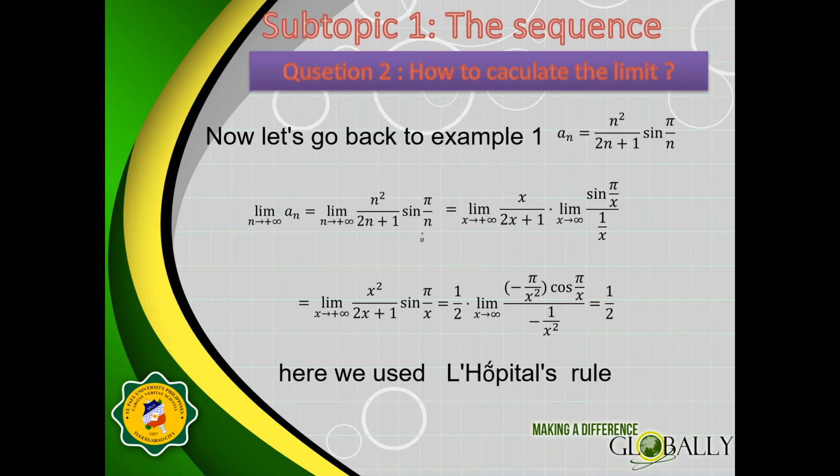In the last step, we applied L'Hopital's rule, which is to take the derivative of the numerator and the denominator, and then take the limit, right? We know the limit is 1/2.